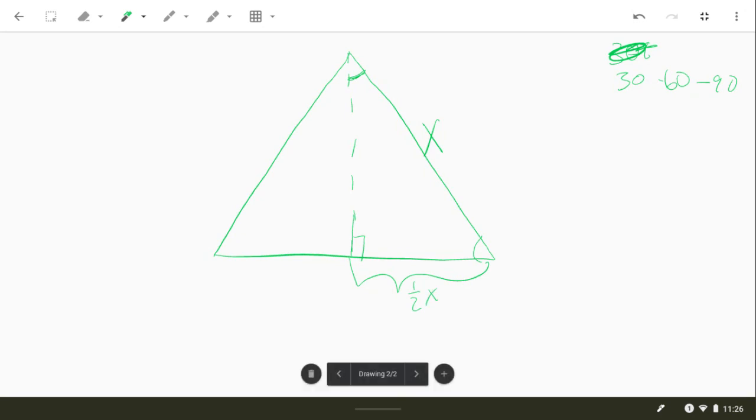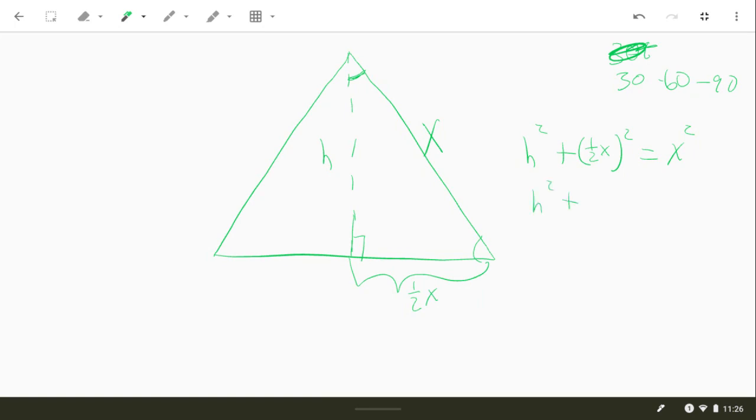Let's go ahead and solve for this height right here, H. So we can do that using the Pythagorean theorem. We've got H squared plus 1/2 X squared is equal to X squared. All right, let's simplify this a little.